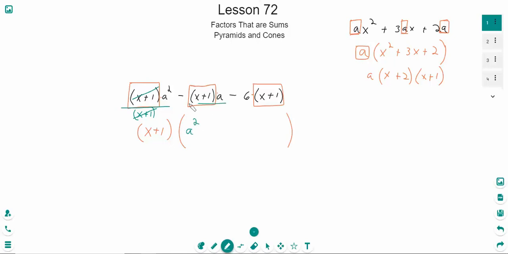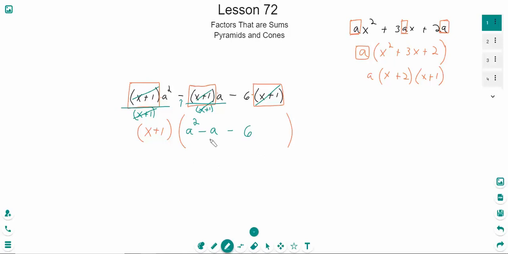Same thing applies here. If I divide this by the x plus 1, they cross out, and I end up with the negative, don't forget the negative sign here, the negative a. And then same thing here. The x plus 1 is going to cross out, and we're going to have the negative 6. So the beautiful thing here is we were able to pull that x plus 1 out, and it really kind of simplified that trinomial.